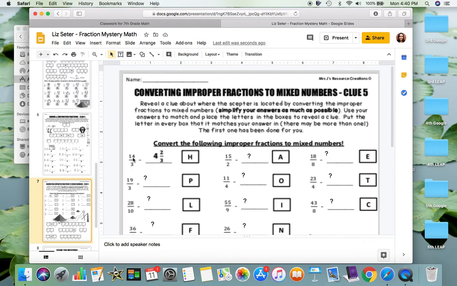So the 14 goes inside the house, the 3 goes on the outside of the house, so it is 14 divided by 3, and then whatever your number is at the top, that's your quotient, that is your whole number. Whatever your remainder is going to be your numerator, and your denominator stays the same. So I've converted 14 over 3 to 4 2/3.